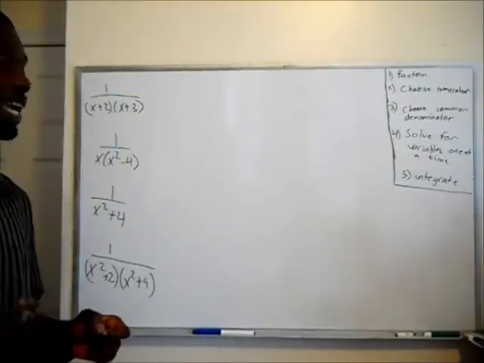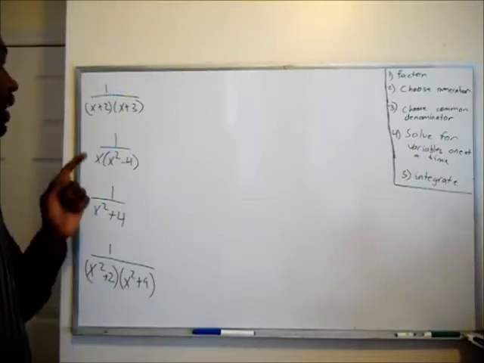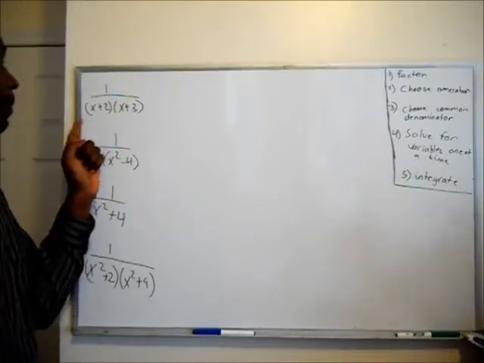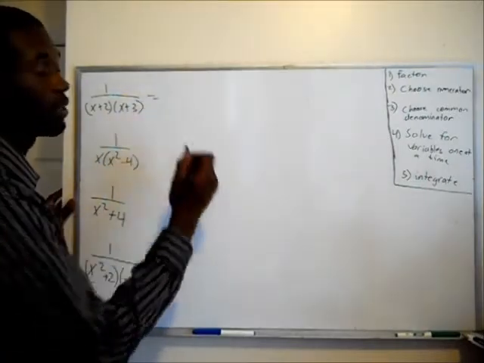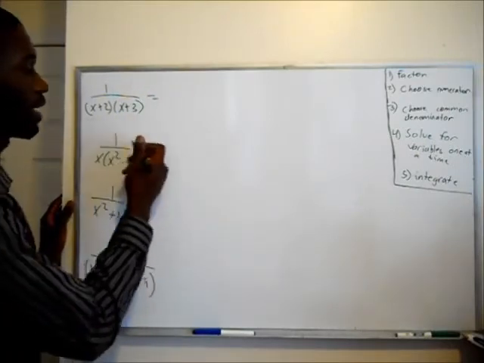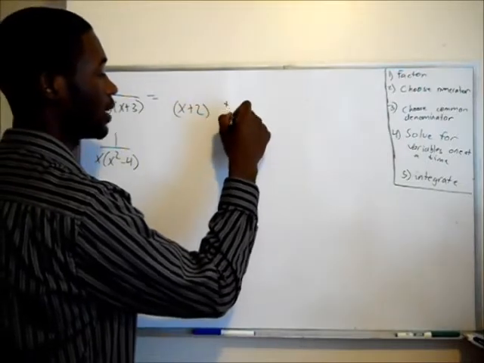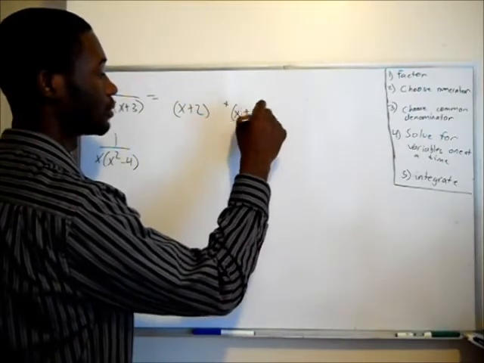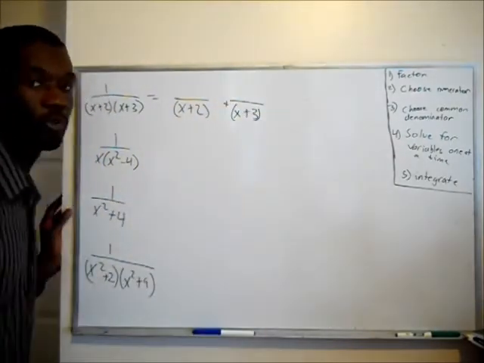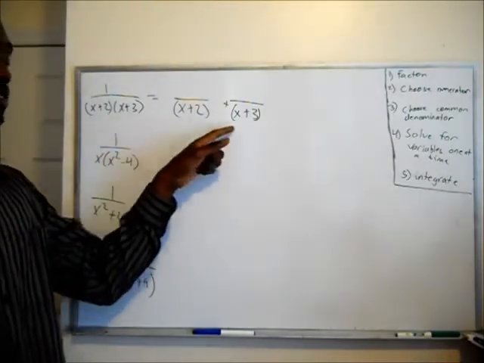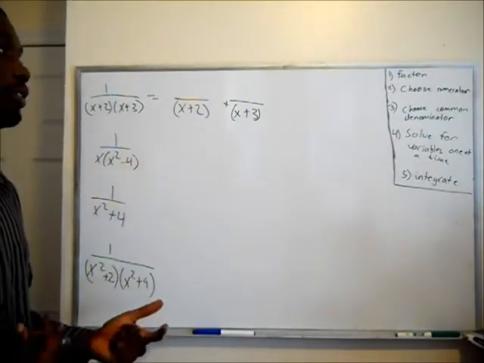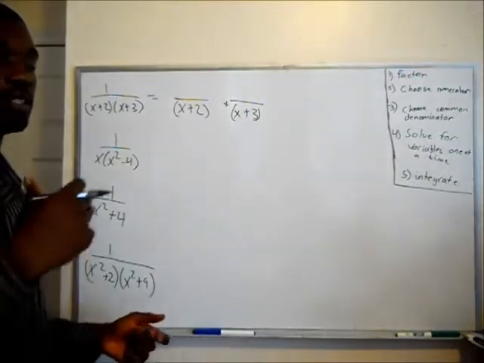Okay, let's say I have my integral and I was able to factor it and end up with this right here. Then my new denominators are just going to be the different factors. It's going to be x plus 2 and x plus 3. So now when you're trying to pick the numerators, you've got to look, are my factors linear? If they're linear, then you can just put a, b, then c, then d.